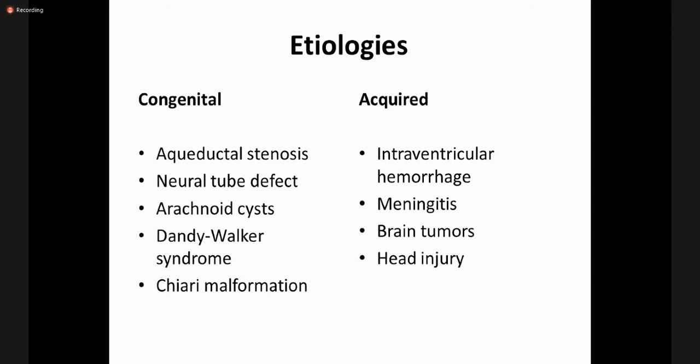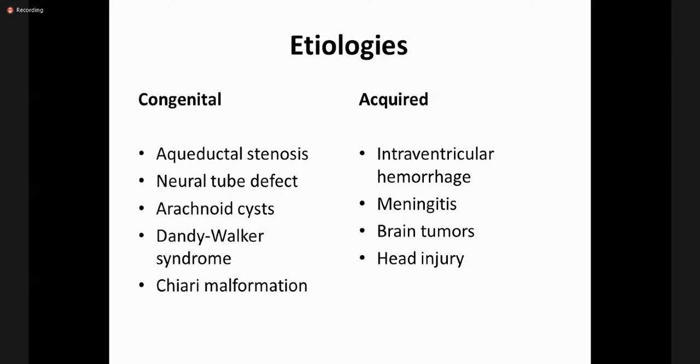There could be neural tube defects, congenital arachnoid cyst, or Dandy-Walker syndrome or Chiari malformations. Dandy-Walker syndrome and Chiari malformations are abnormalities of the posterior fossa, which cause obstruction to the flow of CSF.